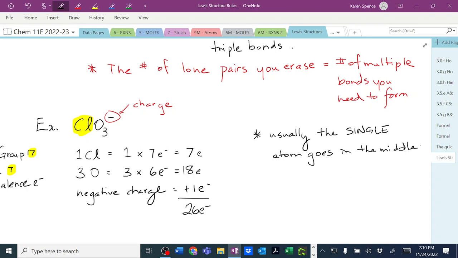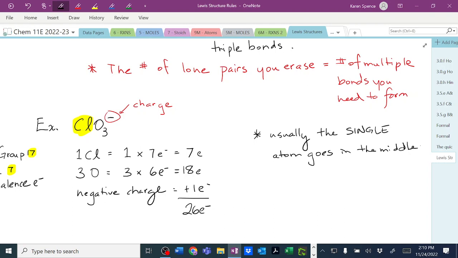Yeah, there's not that empty D subshell, right? If we're in row 3, there's no electrons in the 3D orbitals yet. So we can put chlorine in the middle. But fluorine has 2s and 2p. There's no empty 2D subshell because there's no such thing as a 2D subshell.